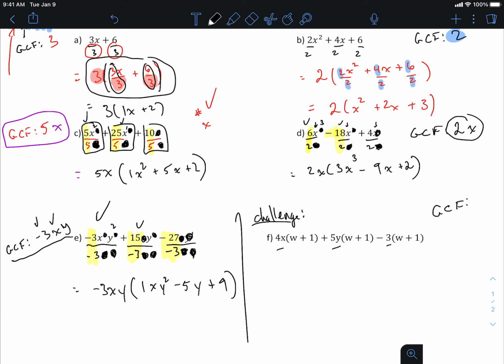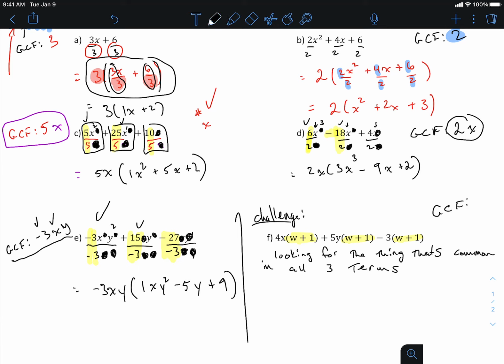When in reality, you're looking for the thing that's common in all 3 terms. It looks like there's a w plus 1 in all 3 of them.